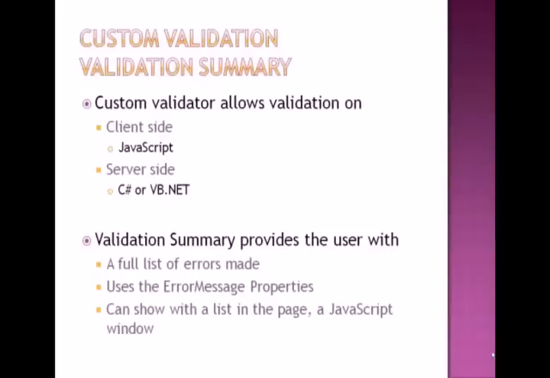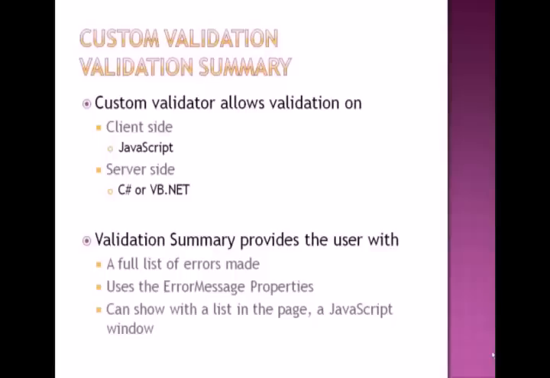The custom validator control enables you to write your own custom validation functions for both client side and server side. In the client, you can use JavaScript, which is a very simple scripting language, very similar to C#. And in the server side, you can use VB.NET or C# in the code behind files and write your own validation methods.